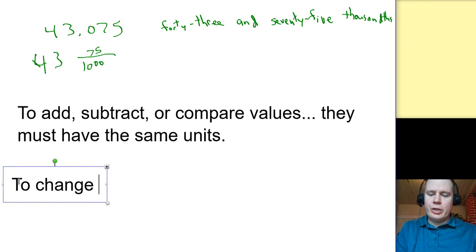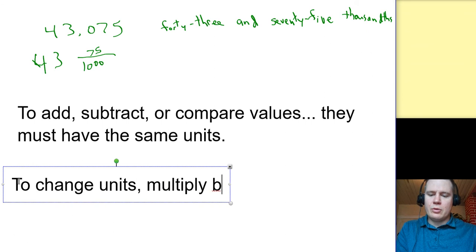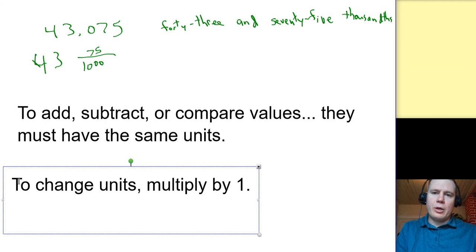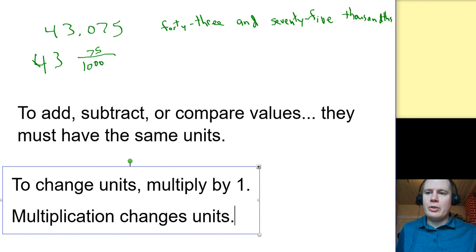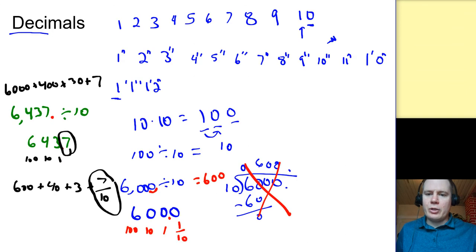And to change units, multiply by 1. Or another way to remember that is that multiplication changes units. Right? We've already seen that just in this video.